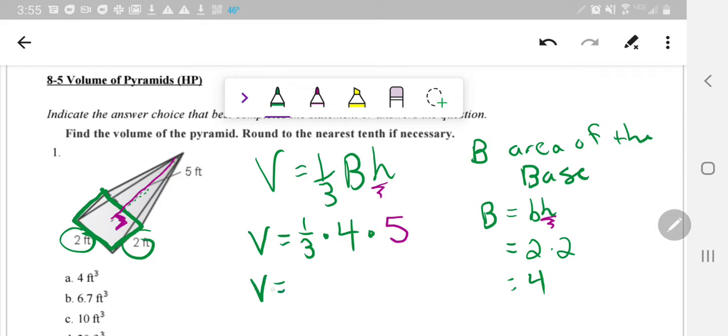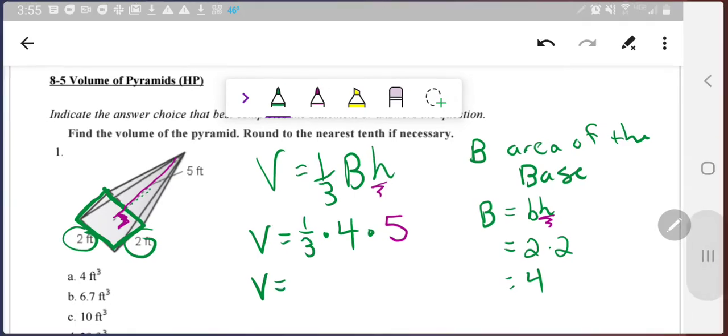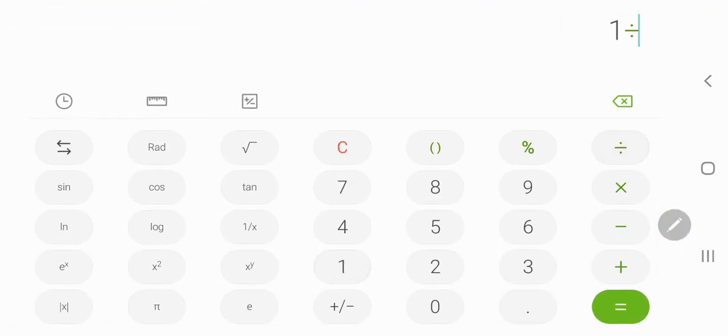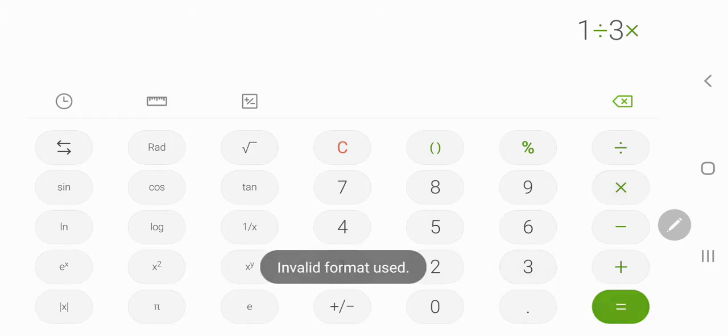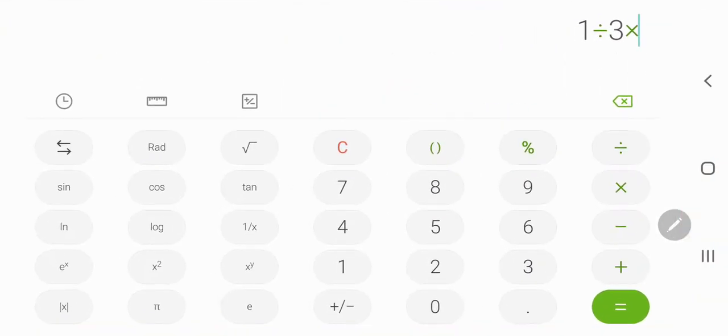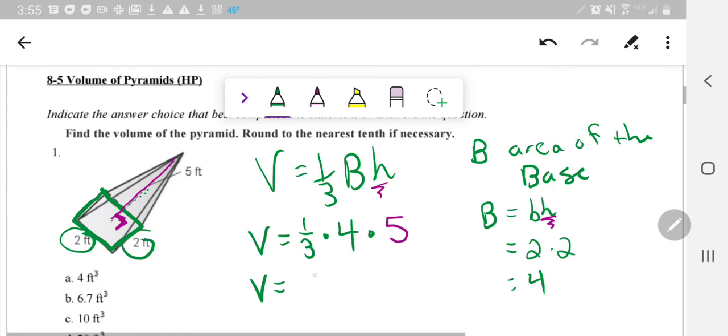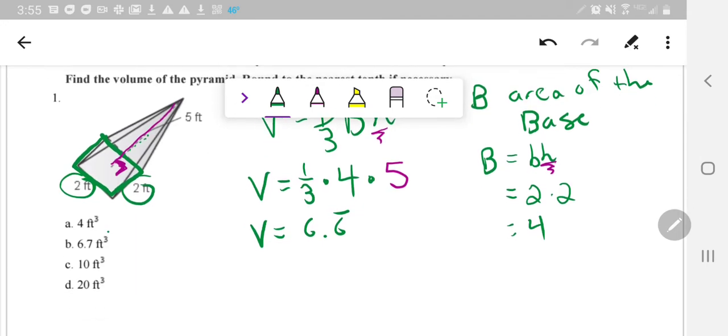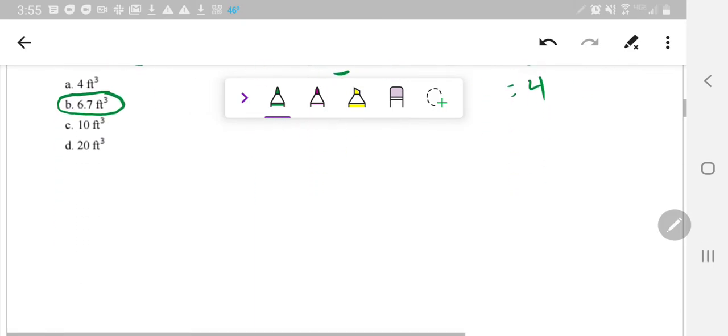So then we're going to do this calculation. 1 divided by 3 gives us 1/3, and then times 4 times 5. And that gives us 6.6 repeating, which we are supposed to round to the nearest tenth, so that would be 6.7. All right, first one in the books.